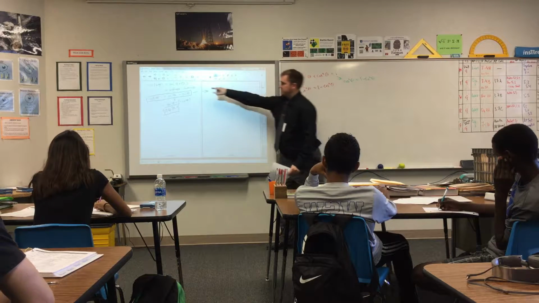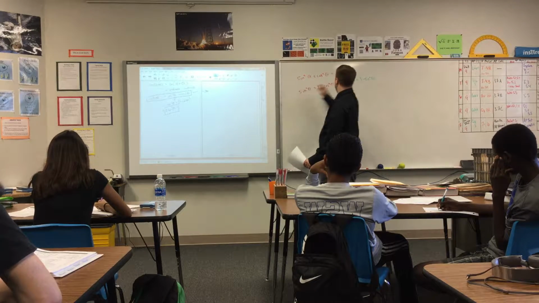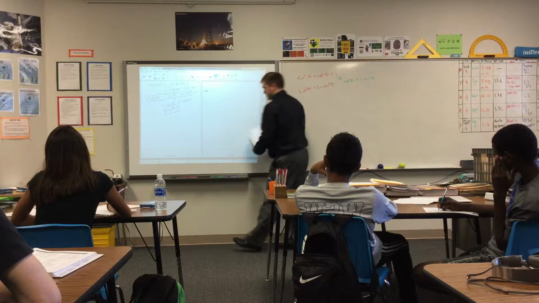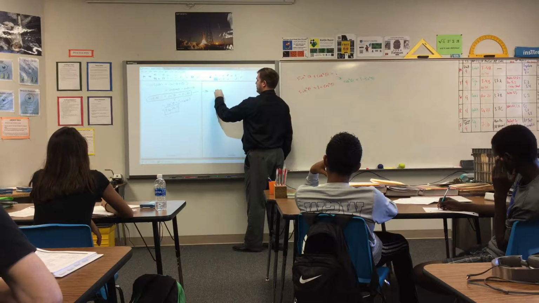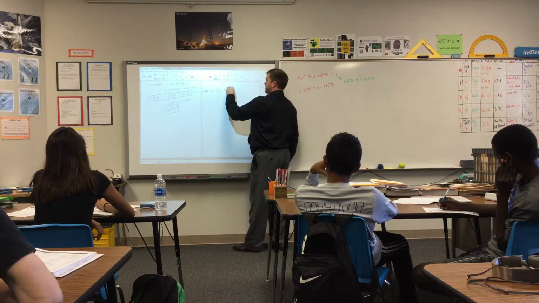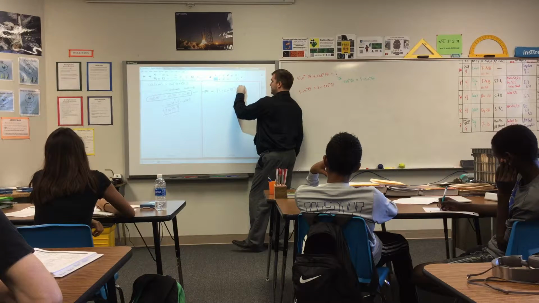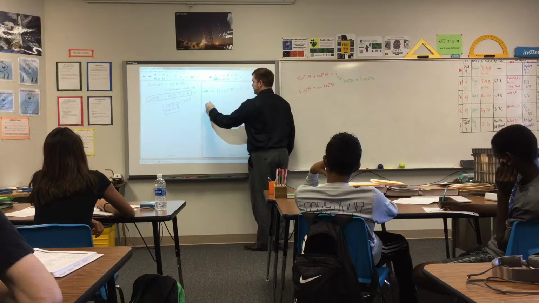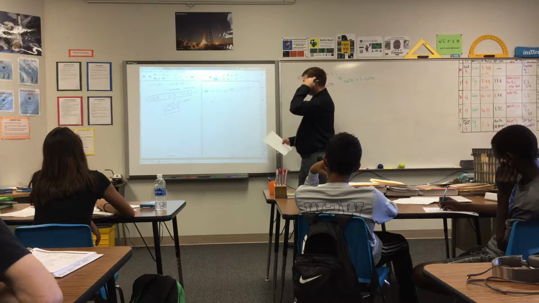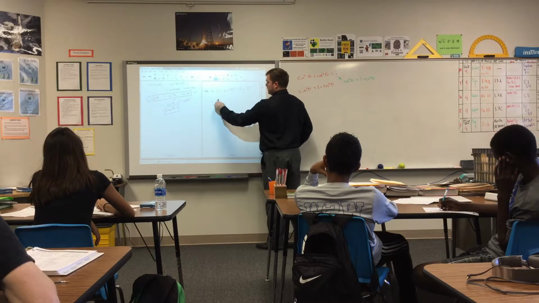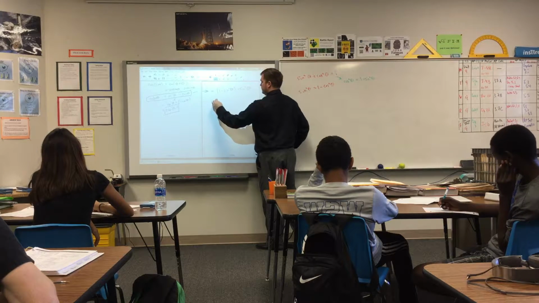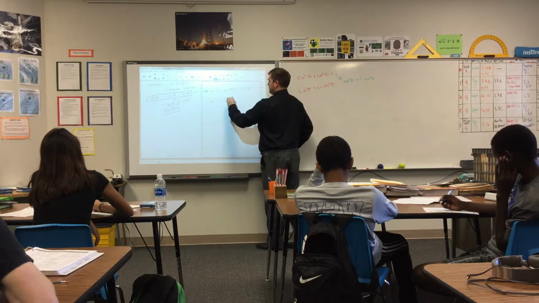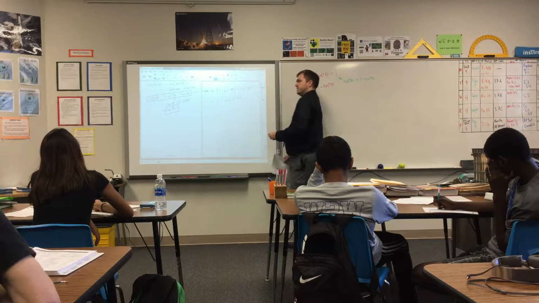So going back to this one, I'm going to replace the cosine now with 1 minus sine squared theta. So 1 minus sine squared theta minus sine squared theta. So that turns out to be 1 minus 2 sine squared theta.